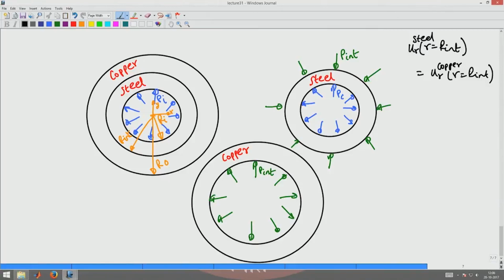You use this condition to find the P interface, the interface pressure, because otherwise you have sufficient boundary conditions to find the displacement field in a thick walled cylinder or in a thin walled cylinder. So, this is how you have to proceed when you have a composite cylinder, either thick walled or thin walled.